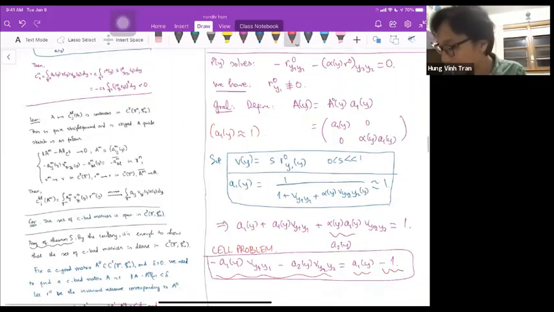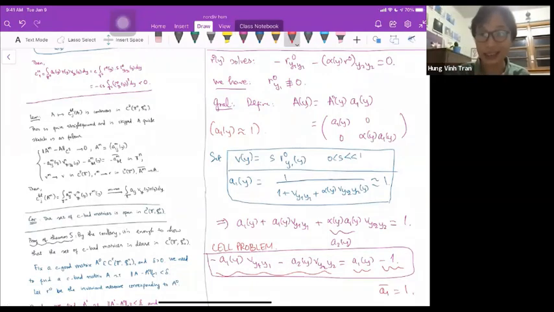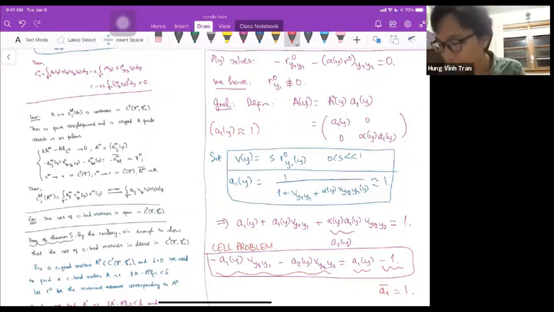In this case, in fact, I would have a bar 1 equals 1. Again, by design, we do it in such a way that we know our cell problem nicely. Okay, so that's the first thing.